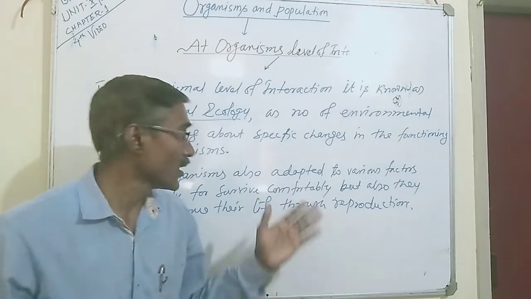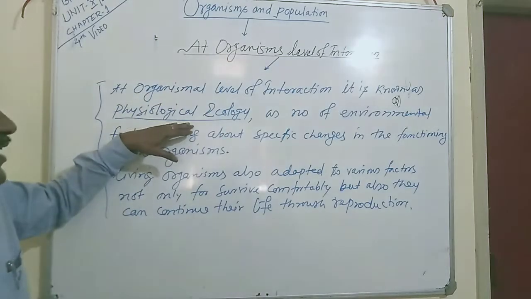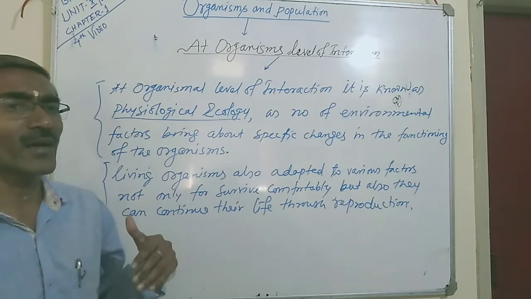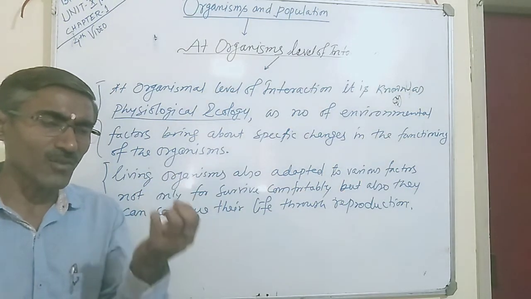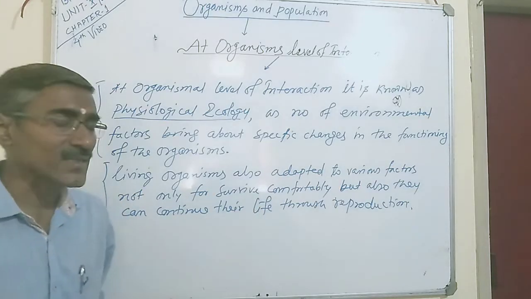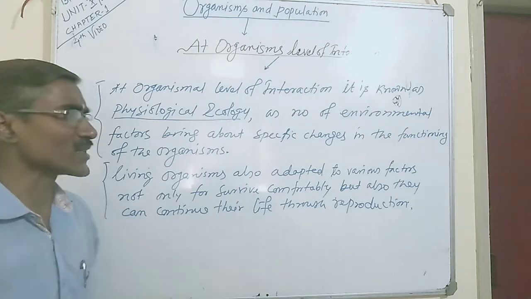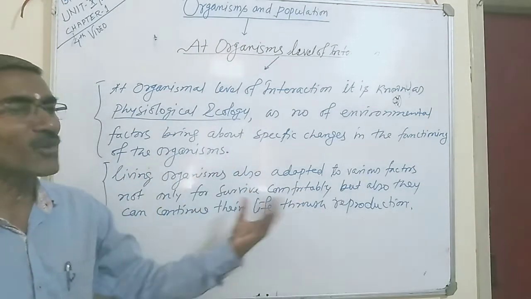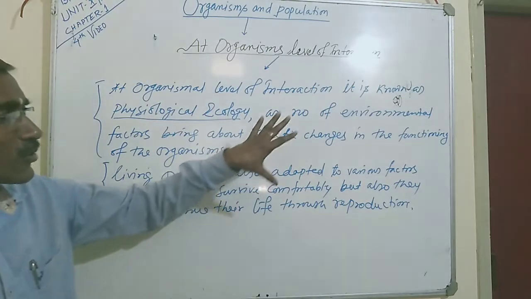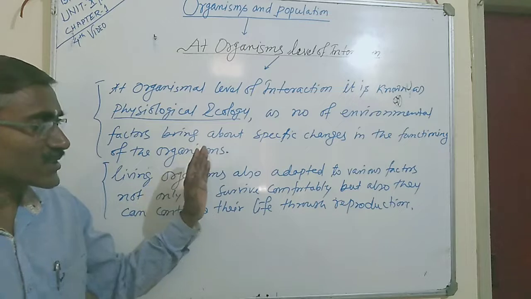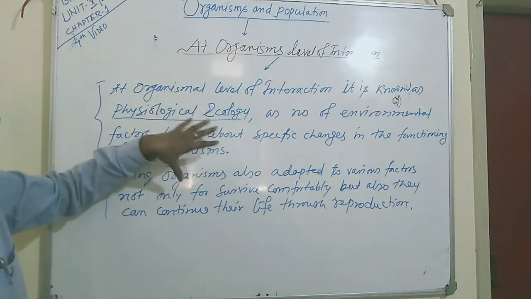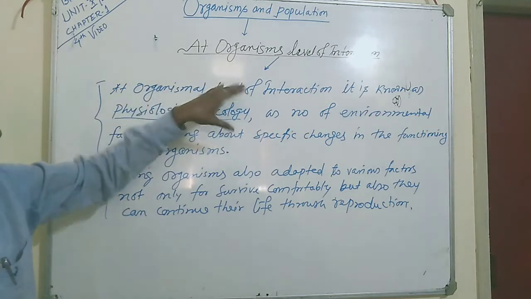So physiological ecology acts only at the individual level, where the particular individual organism tries to adapt to its environment by physiological changes or changes in its functioning. How it takes place and what modification occurs in the environment should be discussed here with a good example. I will give you a good example, which is based on the NCERT text also. So this is the actual matter studied at the organismal level of interaction.